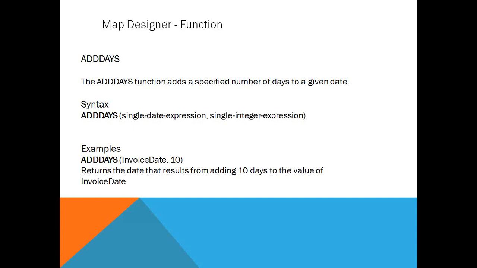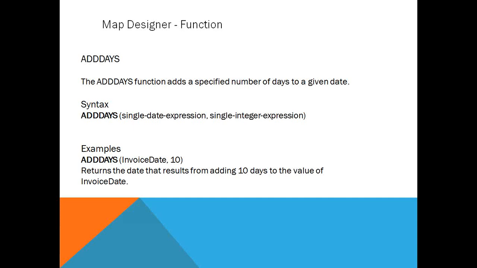It accepts two arguments. The first argument is the date and time item. The second argument is how many days you have to add. You can even add minus 10. There is no subtract date function, only add days, but if you add minus 10, it will subtract.